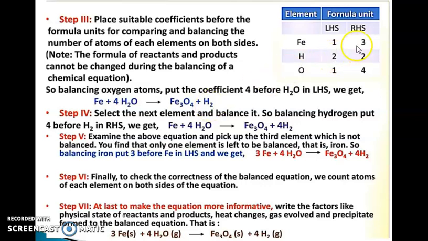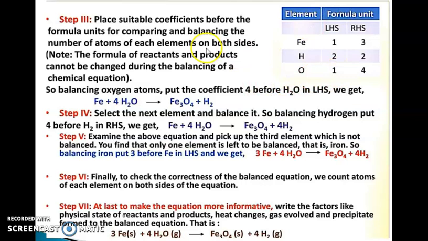So after observing this reaction, you can see that Fe is present 1 on the LHS and 3 on the RHS. Hydrogen is present 2 on the LHS and RHS. And in case of oxygen, on the LHS 1 atom is present and on the RHS 4 atoms are present. So let's start our balancing.